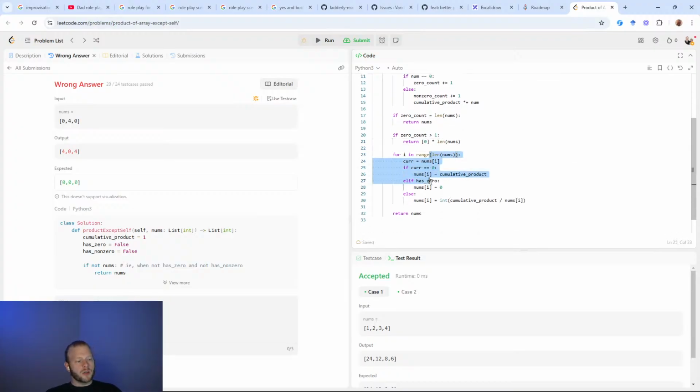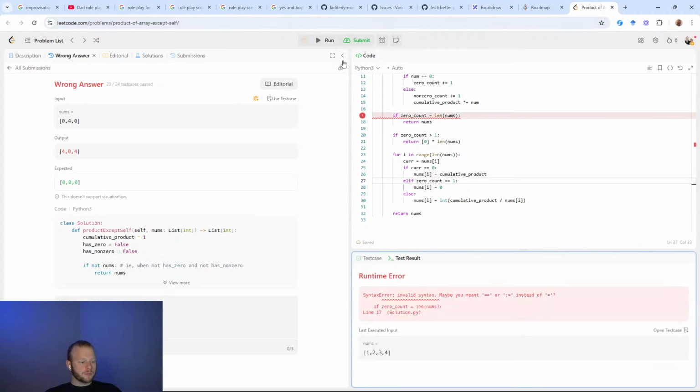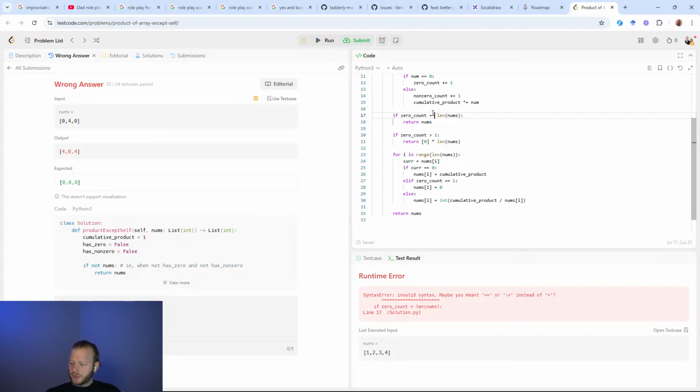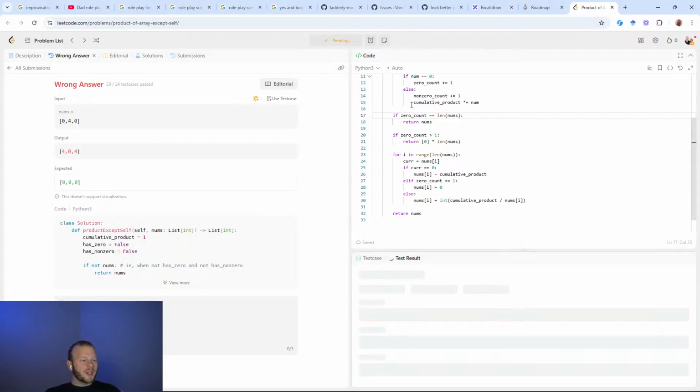Okay, so now in this case, there's only 1 0. Maybe you meant double equals. Yep, yeah, I did. This is a tough problem to find the algorithm to solve for the first time.